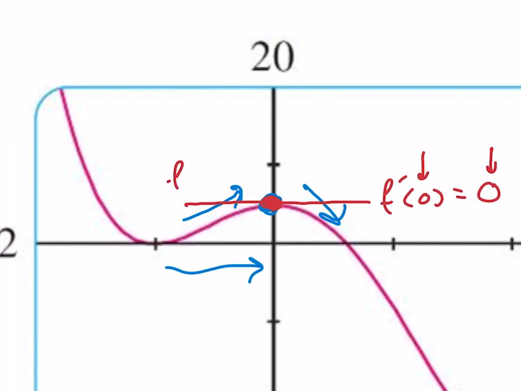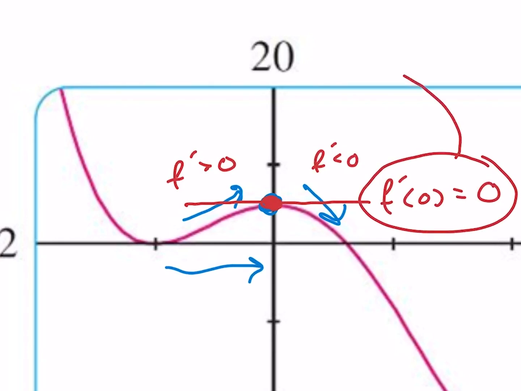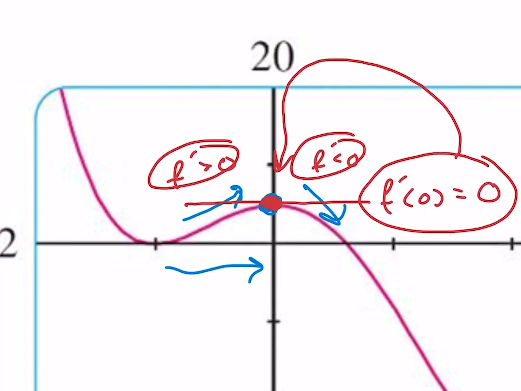Here, my slope was positive. Here, my slope is negative. And here, the slope was equal to 0. So again, we've changed from positive to negative. And what happened when we changed from positive to negative?